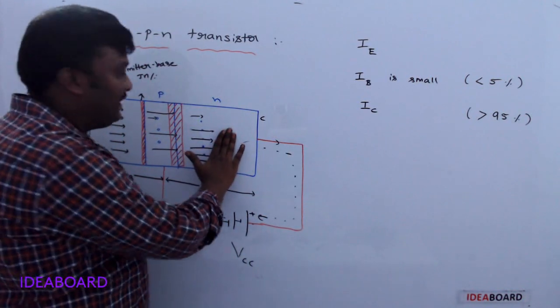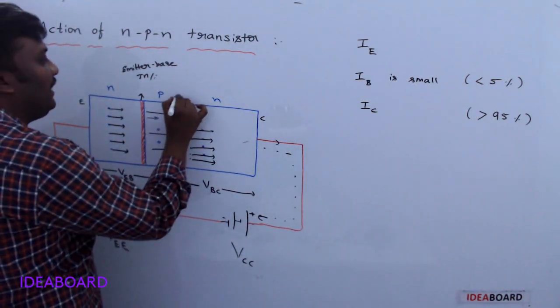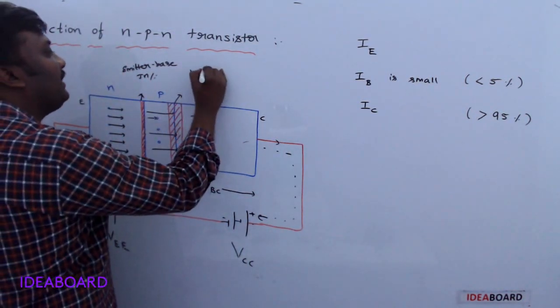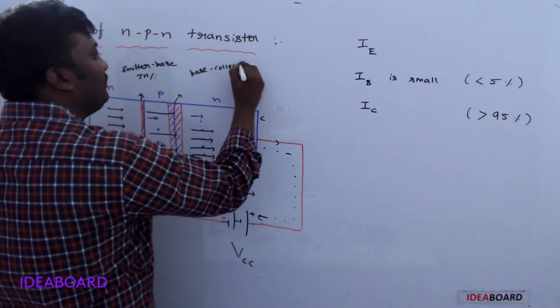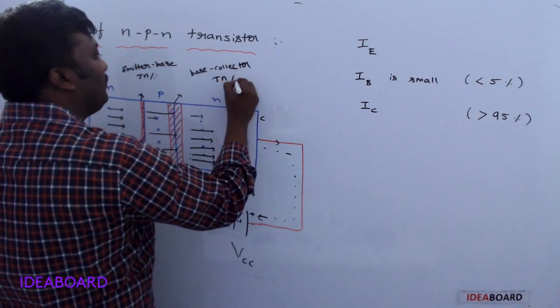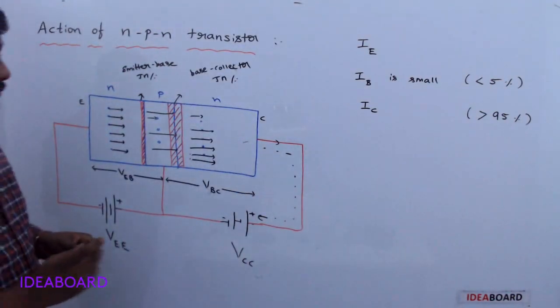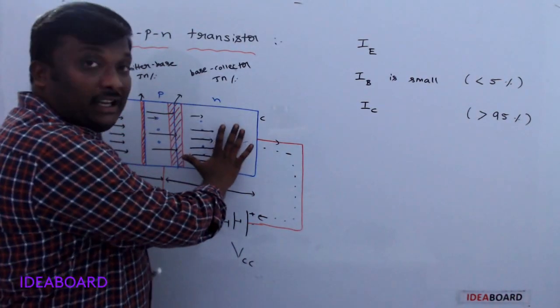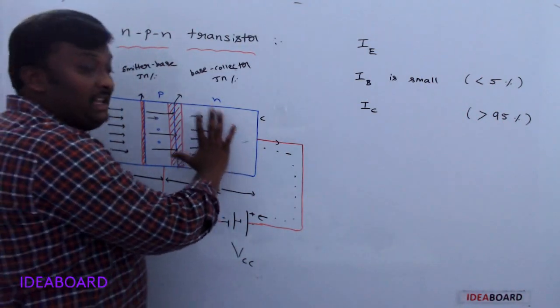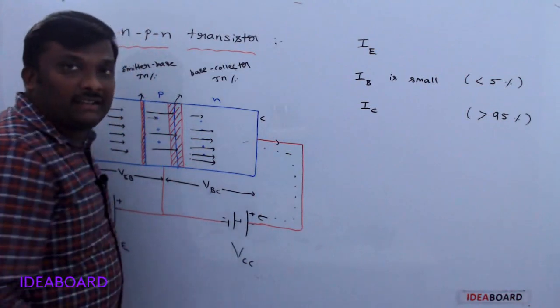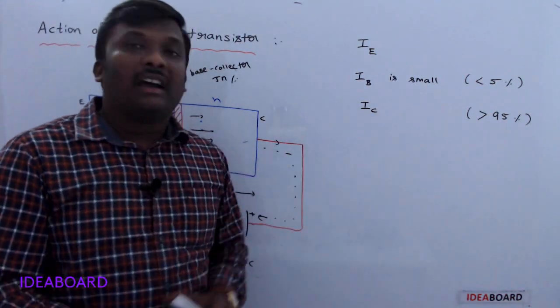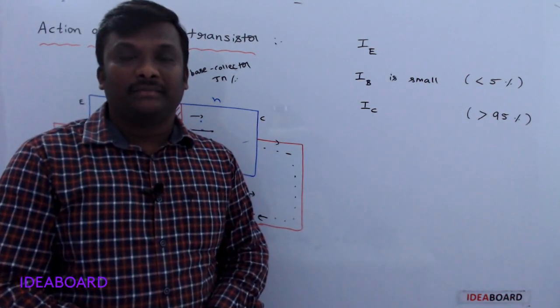Understand now? This junction is called the base collector junction, generally named the collector junction only. So whenever the electrons enter into the collector region, they are rapidly swept out by the positive terminal of the VCC, which constitutes the collector current IC.